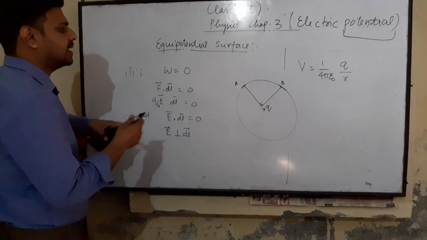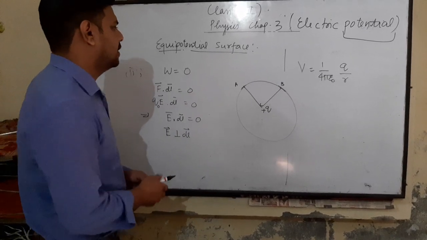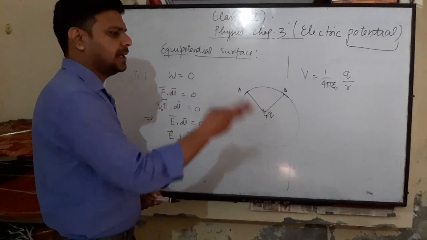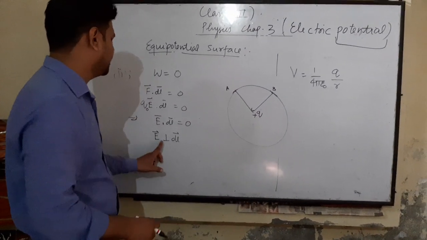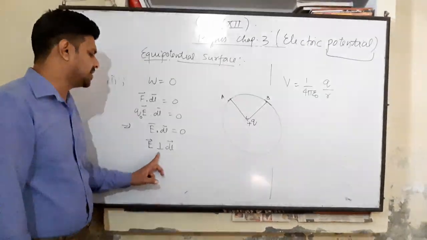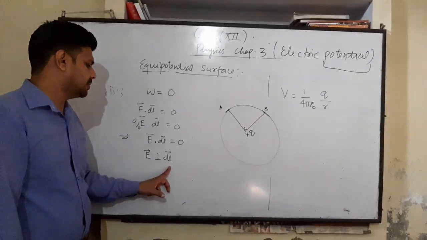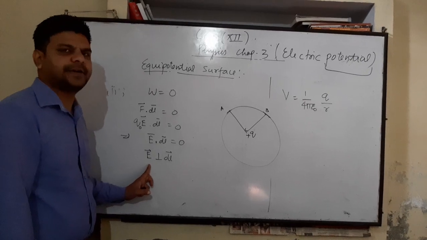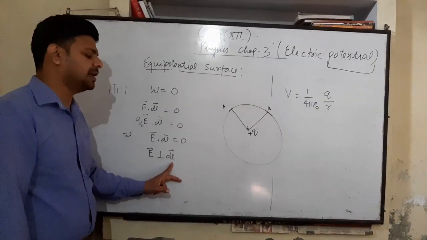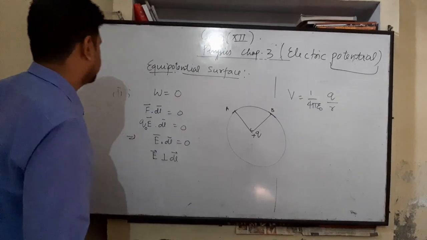The electric field line going outward from a surface or entering into a surface will always be perpendicular. This tells us that the electric field is always perpendicular to an equipotential surface.